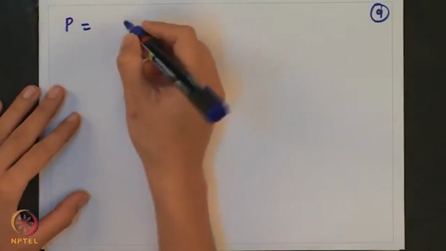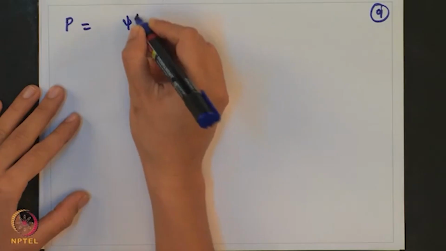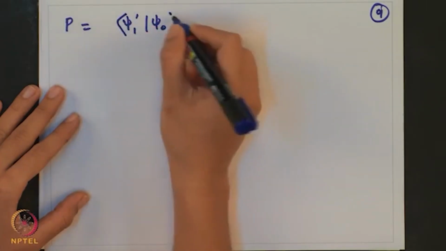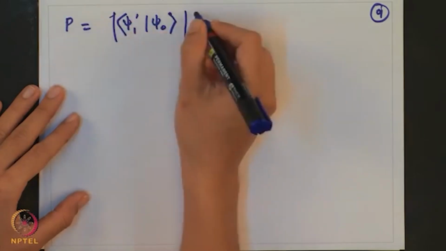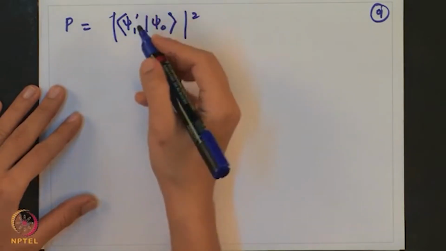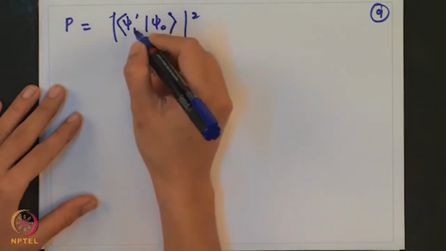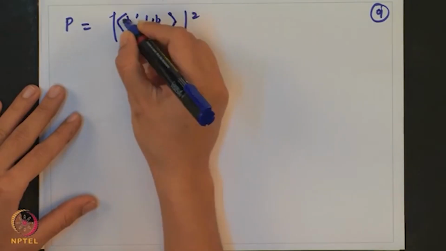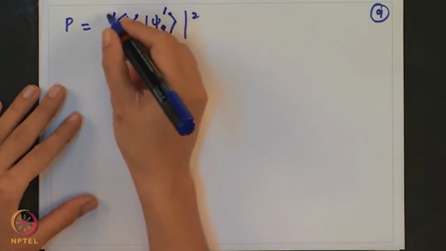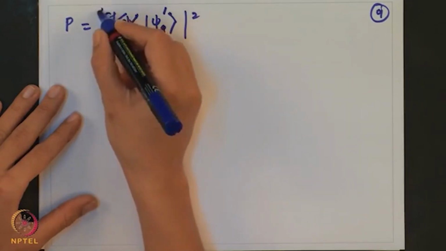It would be given by psi 1 prime over psi naught, the whole square. Or rather the other way around, we can write psi naught and psi 1 prime, and the integration is from 0 to infinity.